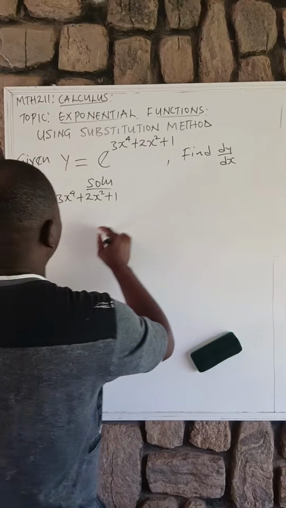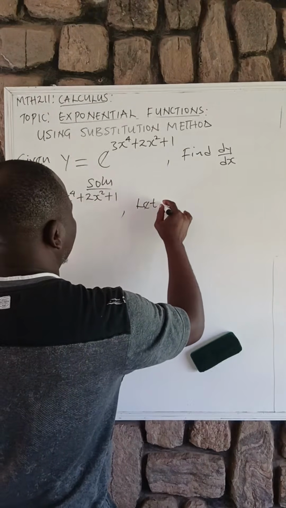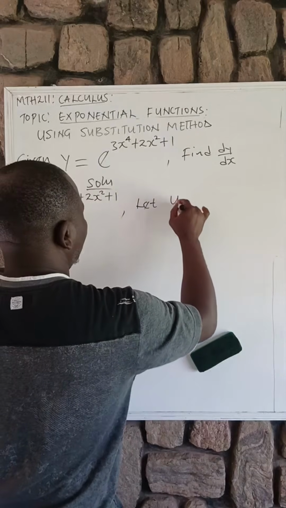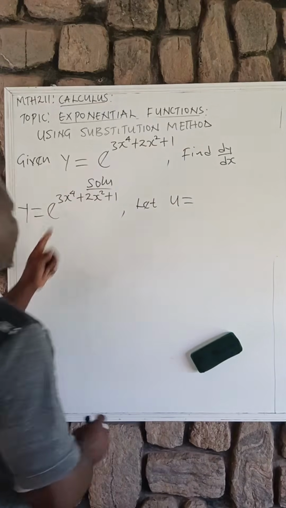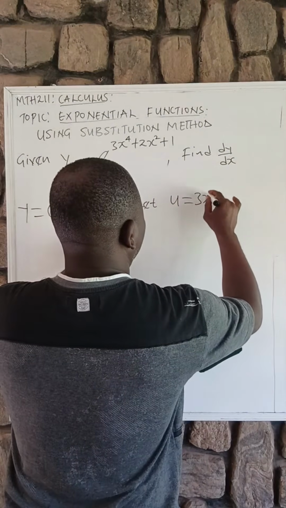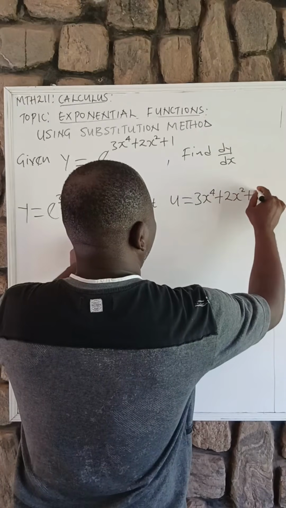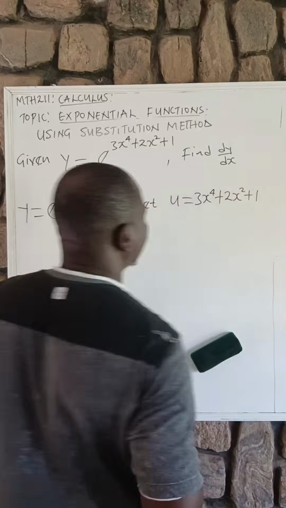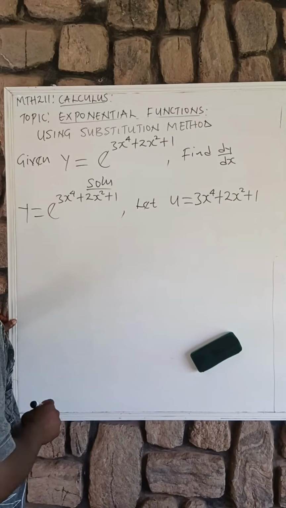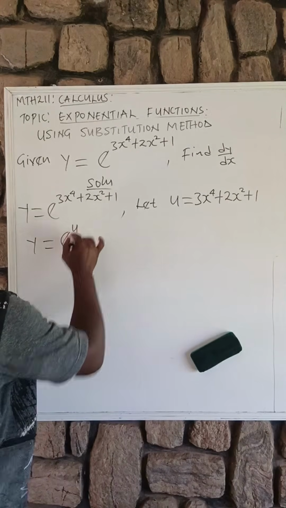So we now say let u, or any alphabet, be equal to what is here: 3x raised to power 4 plus 2x squared plus 1. Then our y will now be equal to exponential u.